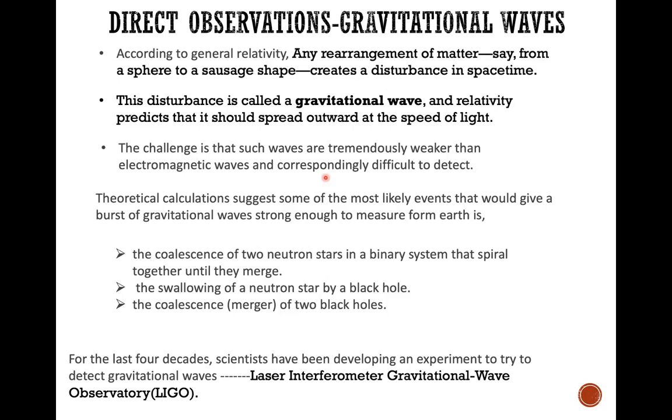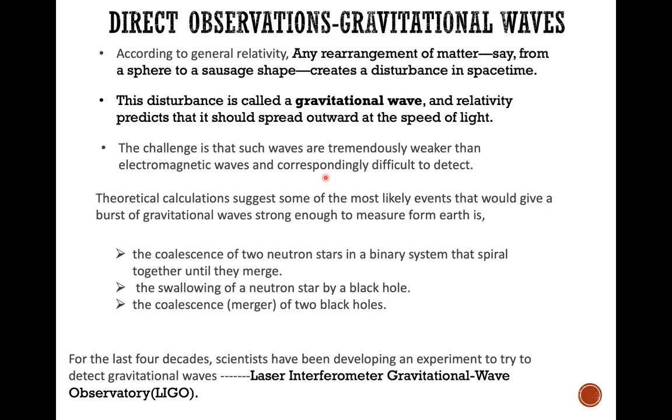Now, the challenge that the astronomers had was that these waves are very weak, tremendously weaker than electromagnetic waves. We know electromagnetic waves very well, right? We know the electromagnetic spectrum and its different parts like X-rays, gamma rays, visible light, radio waves. All those we know, and we can detect them.